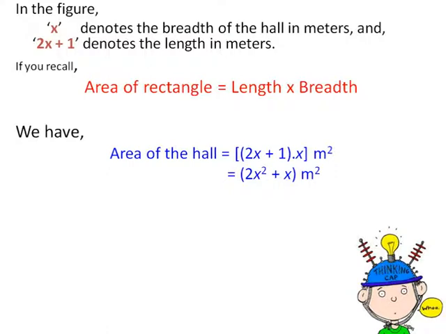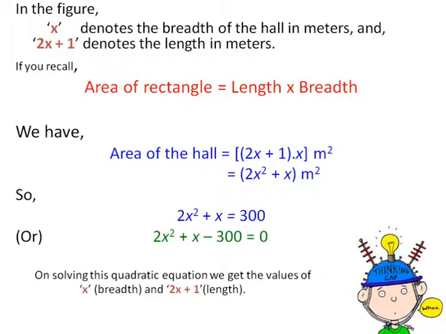Which is equal to 2x² + x meter square. So from the information given in the question, I can say 2x² + x = 300, or 2x² + x − 300 = 0. This is a typical quadratic equation.